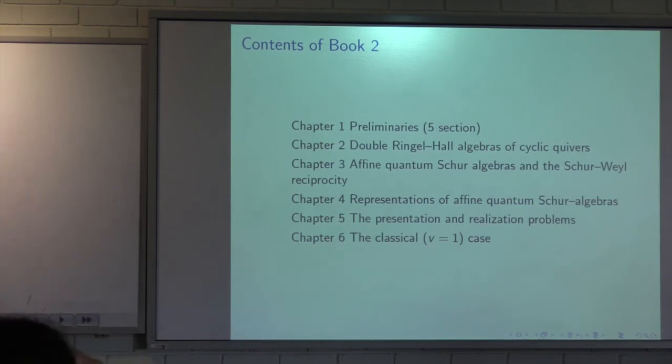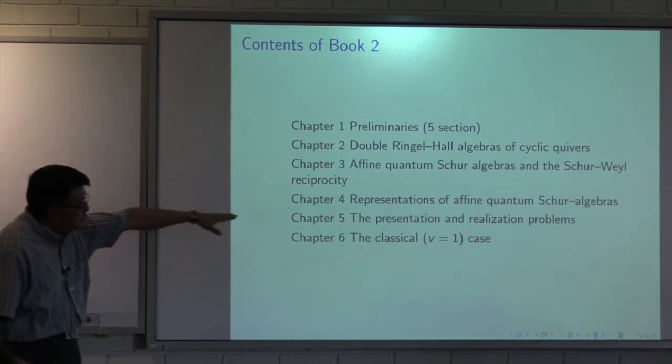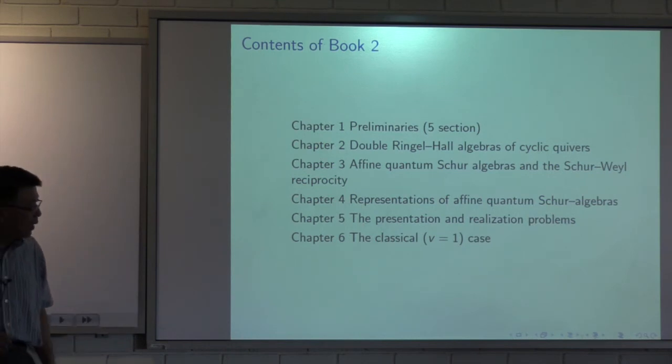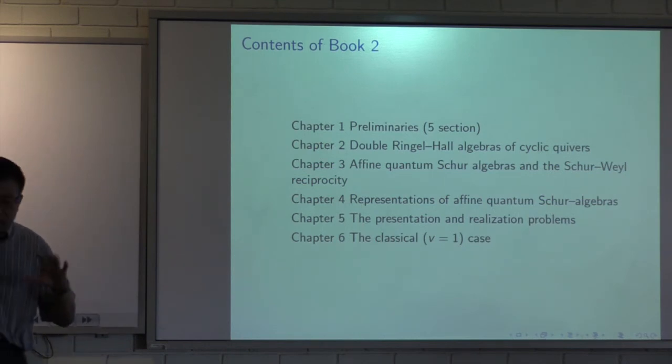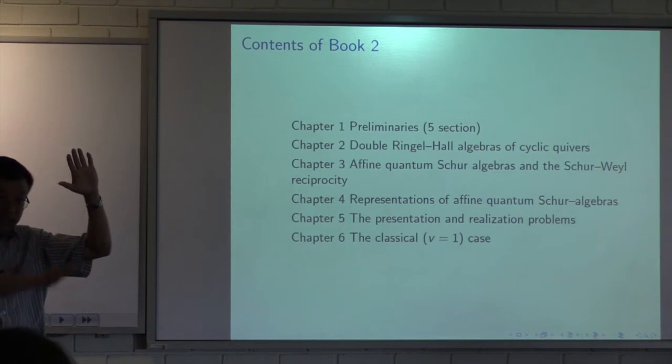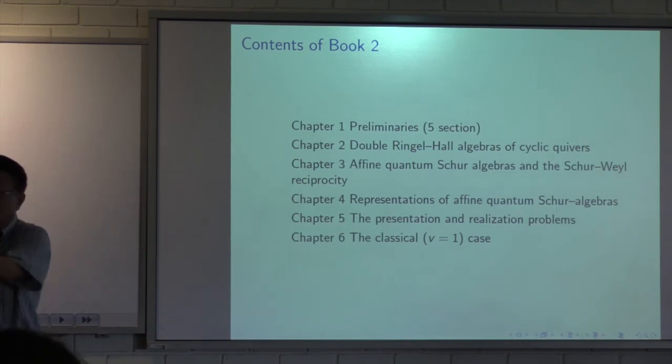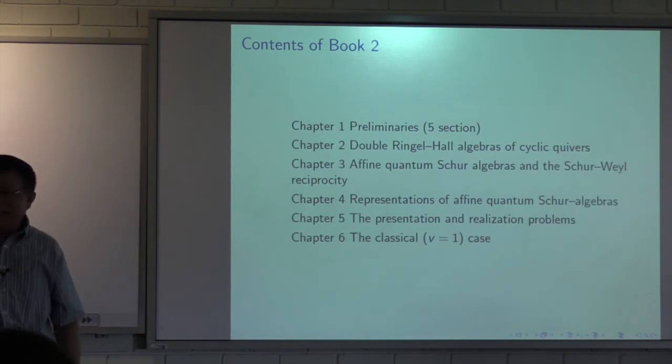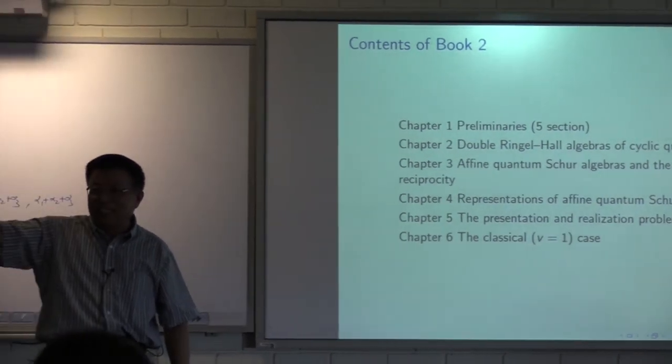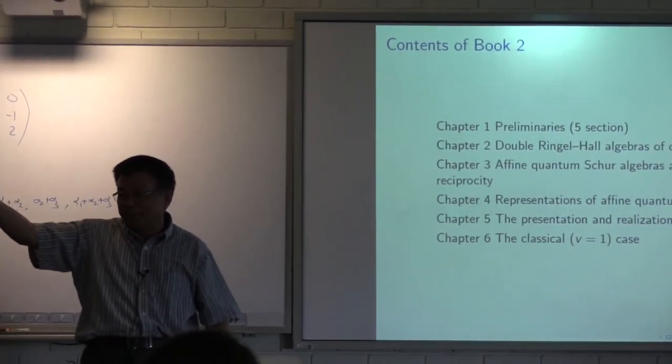Then another type of interesting question was representation and realization problems, because you see the quantum group is defined by presentation, generators and relations. But the Schur algebra is defined as an endomorphism algebra. Okay? So you may ask, this is the concrete algebra, the endomorphism algebra. What is the presentation for this algebra?